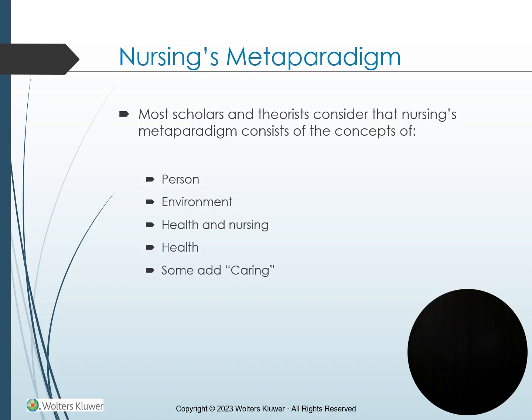Most scholars and theorists consider that the nursing meta paradigms that exist should include concepts such as person, environment, health and nursing, and then some have added caring. So nursing paradigms should have the concepts, according to most scholars, including these 5 concepts: person, environment, health and nursing, health, and caring.